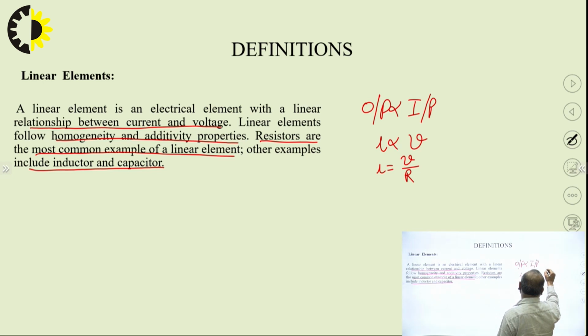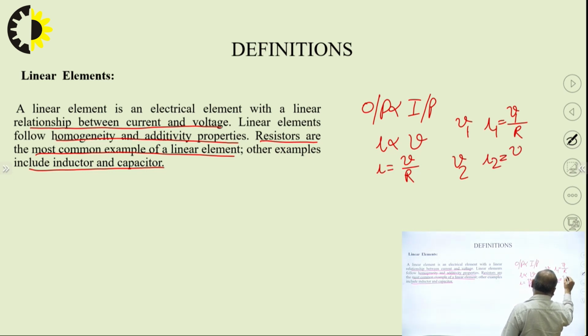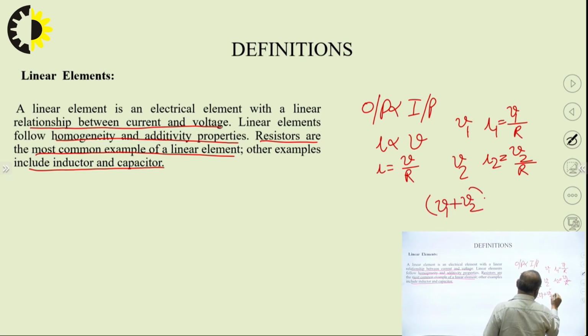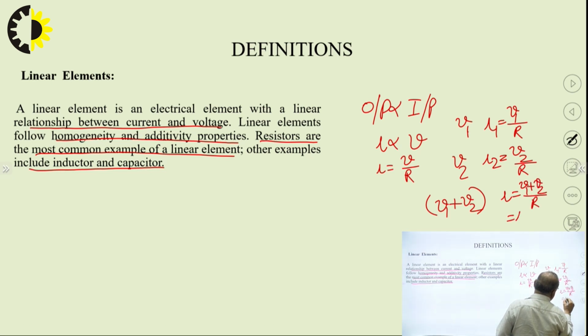Suppose I apply a voltage V1 and get current I1, which is V1 by R. Next I apply a voltage V2 and get a current I2, which is V2 by R. Third time, if I apply a linear combination of these two inputs, V1 plus V2, the current I is given by (V1 plus V2) by R, which equals I1 plus I2.